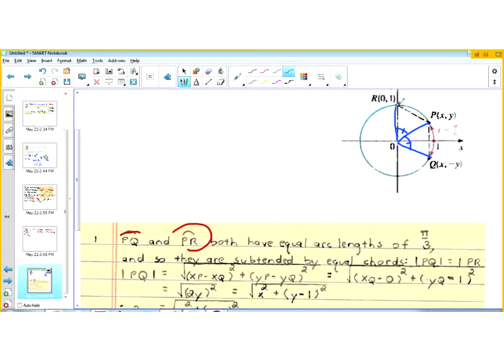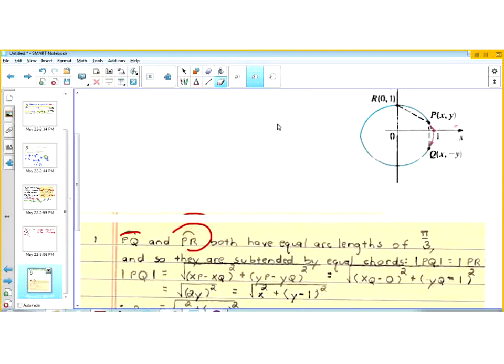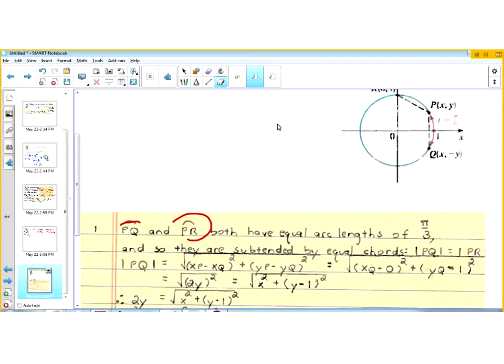Because of that, the chords which connect the two points subtended by these two angles must have the same length, right? That's a concept from geometry. So that means PQ and QR have the same length by construction. All right, so now we can calculate.